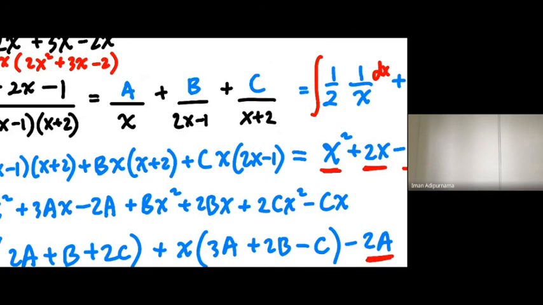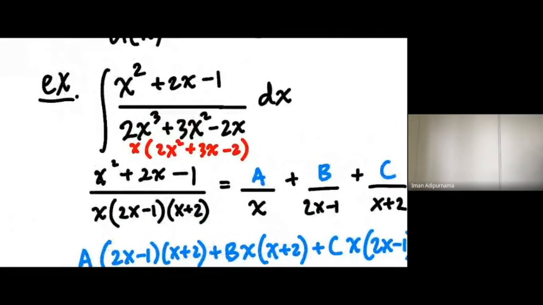So the conclusion here is if you look at the bottom part of the rational function, you can factorize it and make it into separate functions. You can do this whole process and find the constants first.